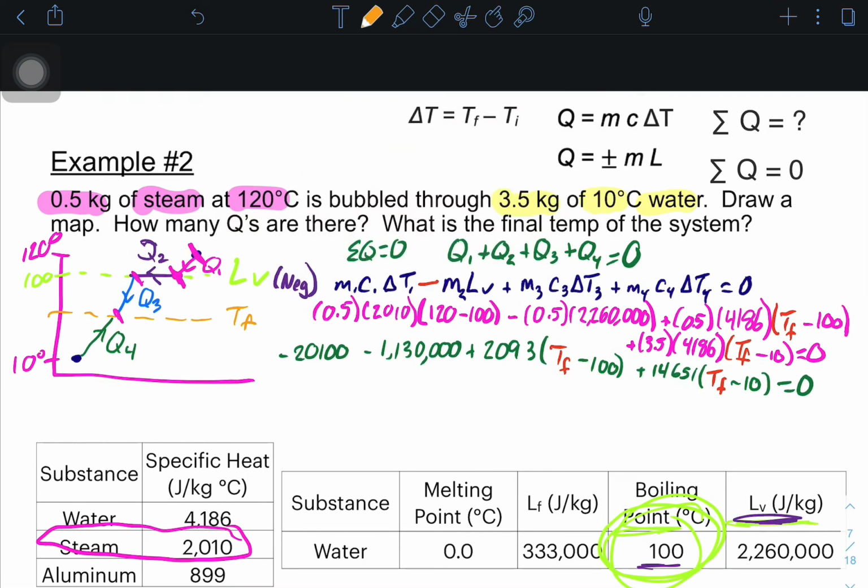Okay, so then we can go through and we are going to distribute from here and here. Okay, so we're going to do that distribution.